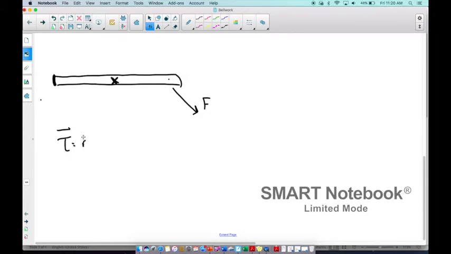It is the cross product of R cross F. So we need to determine what these two vectors are. Remember that the R vector is drawn from the axis of rotation to the point of application of the force right here. So there's my R vector. And let's write an expression for the magnitude of that. I like to draw my vectors tail to tail.